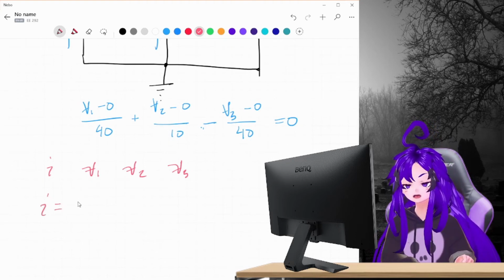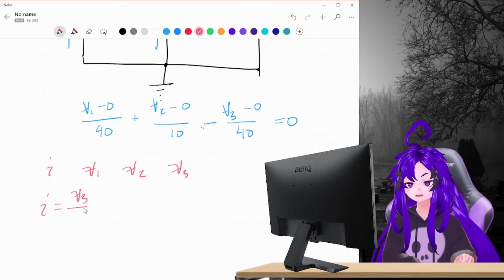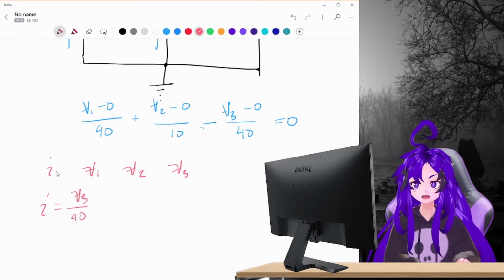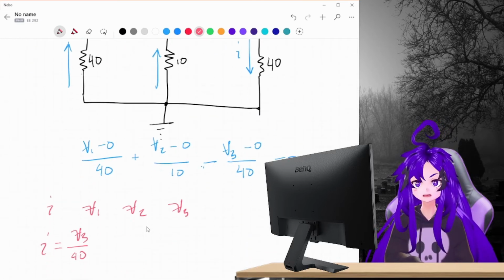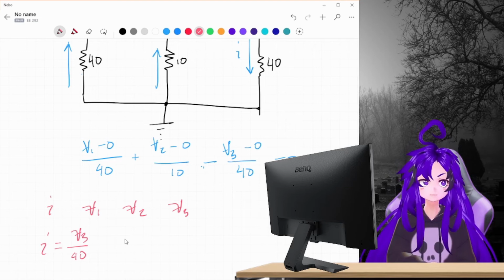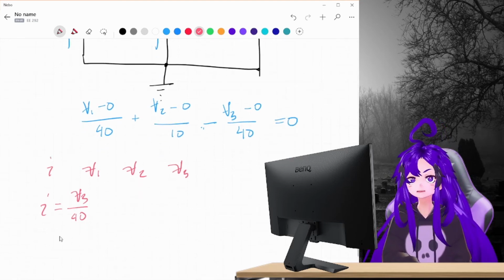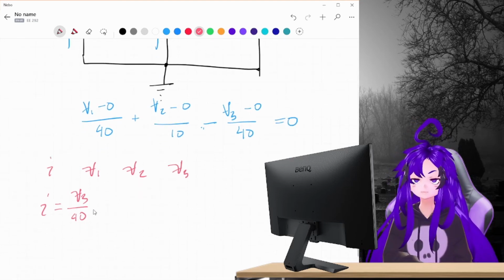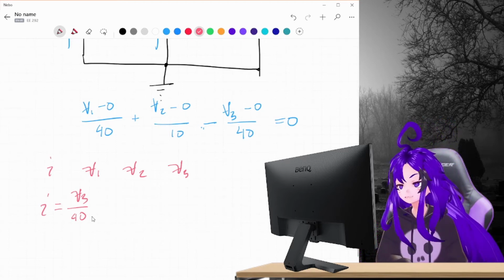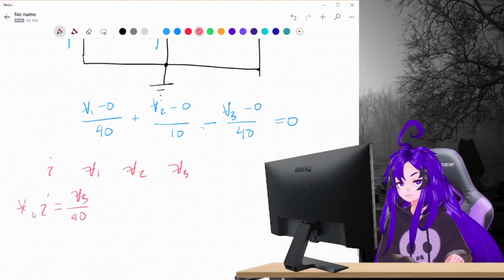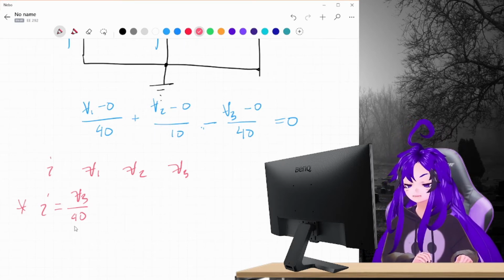So I equals V3 over 40. Bam. Cool. So now we've got 3 unknowns and 2 equations, or you can say it's 4 unknowns and 3 equations. We've got it in terms of something else that we need to find anyway. So we're just gonna hold this aside. It's probably gonna be useful for later.